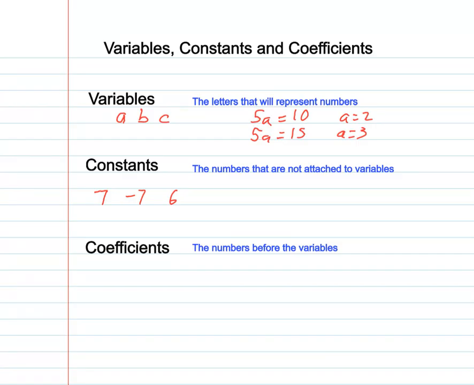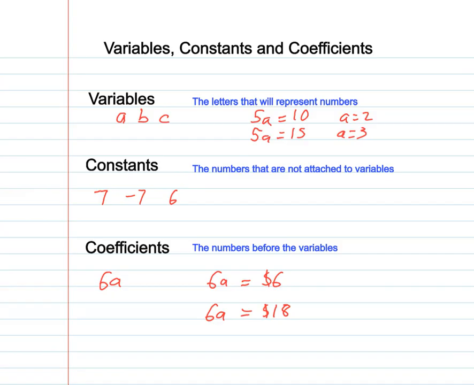Coefficients are the numbers that come before the variables. So for example, if I had 6A, the coefficient of A is 6, and what that means is 6 times A. So let's say A stands for apples, no matter how much an apple costs, if I buy 6 of them, I could represent that cost as 6A, whether that 6A is going to be $6 at $1 each, or whether 6A is going to be something like $18, or it's $3 each, or whatever it might end up being.